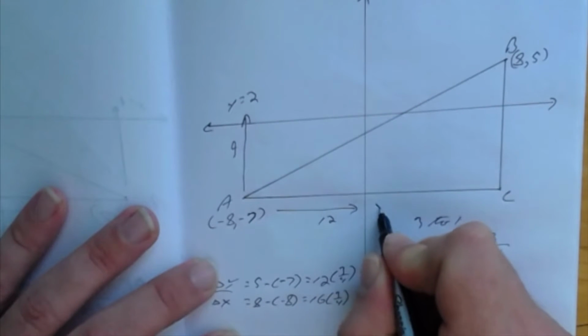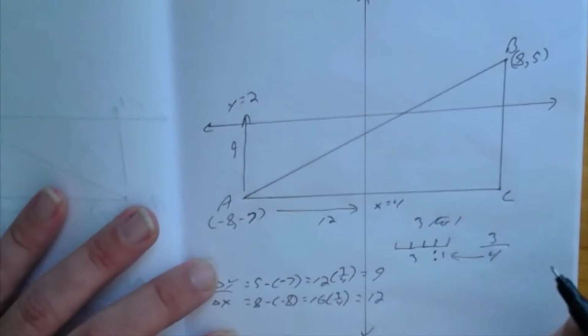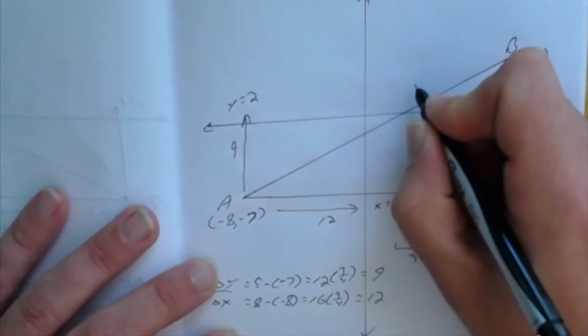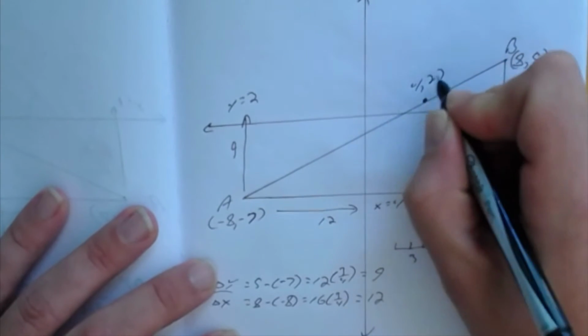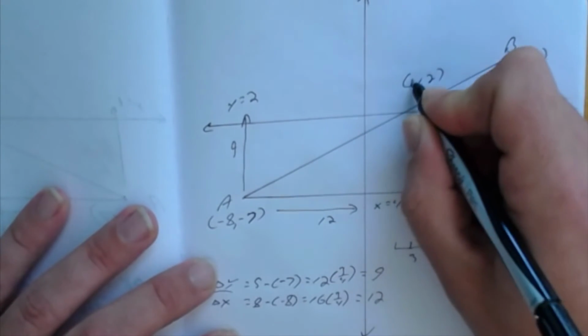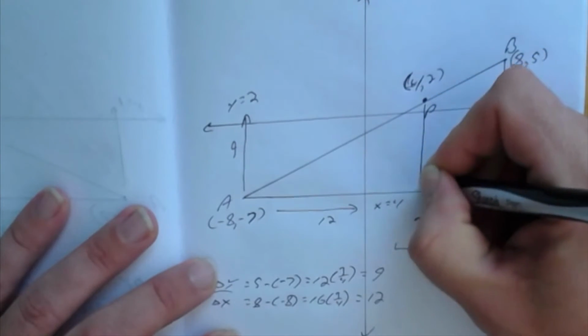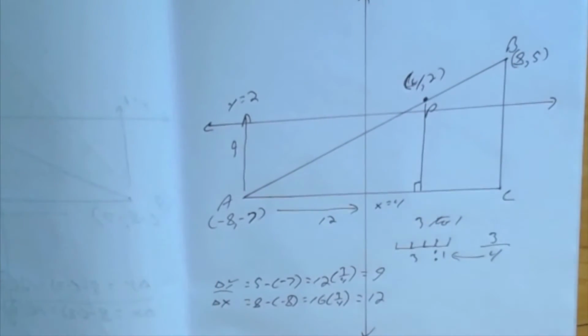And my new ending point for X is going to be a 4. So my point that occurs at 4, 2, we can call this point P. P marks the triangle that is 3/4 the size of the triangle that we started with.